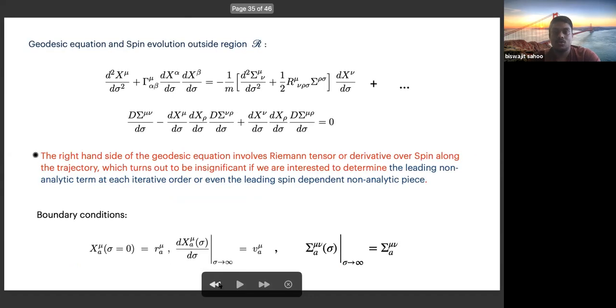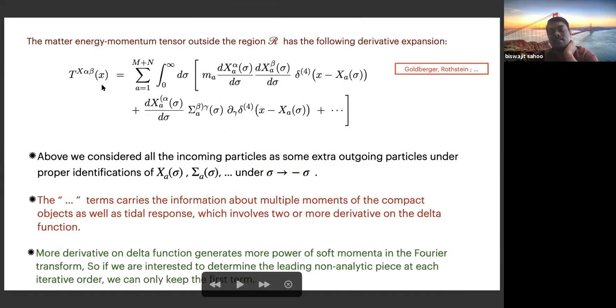But we have to start with the energy momentum tensor, and we know that the energy momentum tensor has a full derivative expansion up to subleading order, which is the spin dependent piece. It is completely fixed, but after that order, the structure of the objects will come in terms of the multipole moments and the tidal effects and other terms.